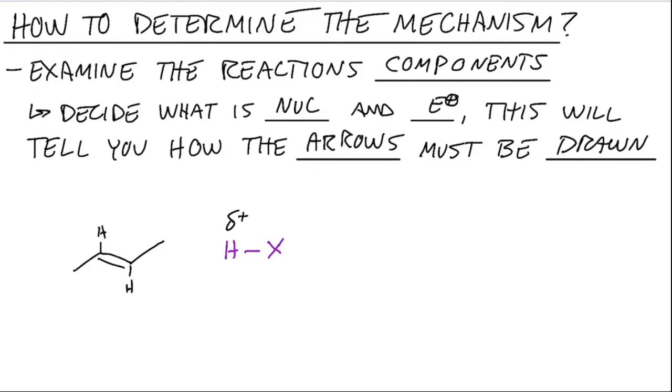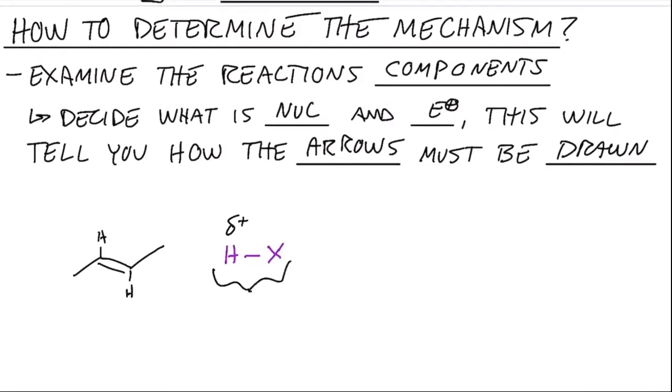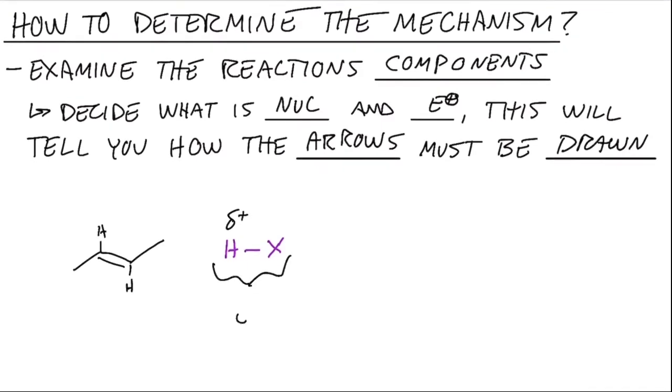So the hydrogen could be an electrophile, and that might mean that this whole molecule is the electrophile. But then we can also look at the X portion, which is some halogen, which we know has 3 lone pairs of electrons on it, right? And we know that lone pair electrons can be nucleophilic. So, this one is a bit tougher than it seems at first glance.